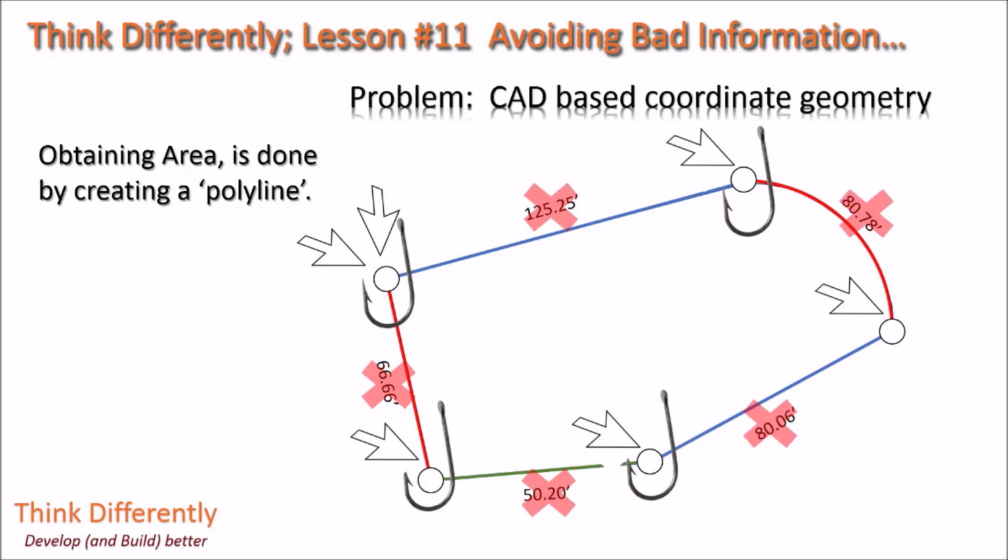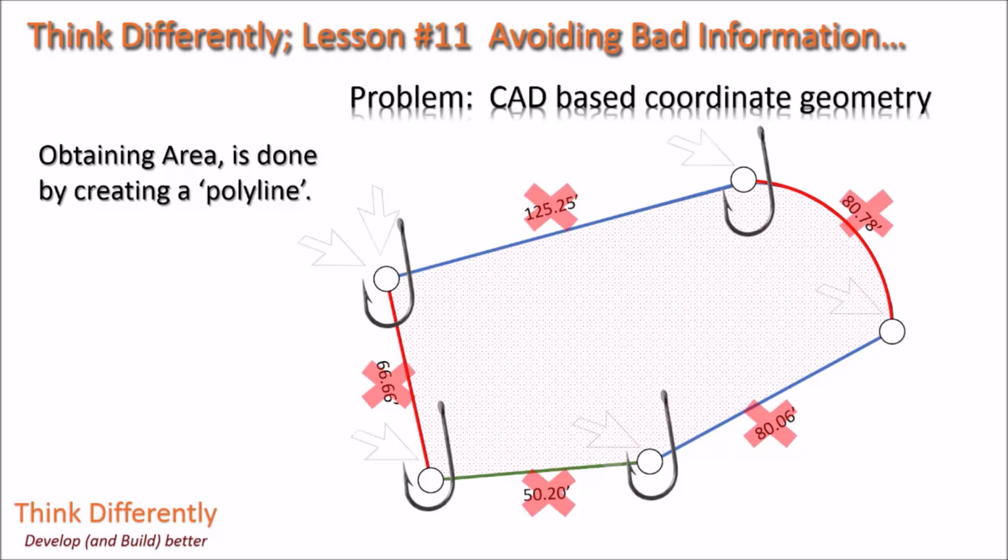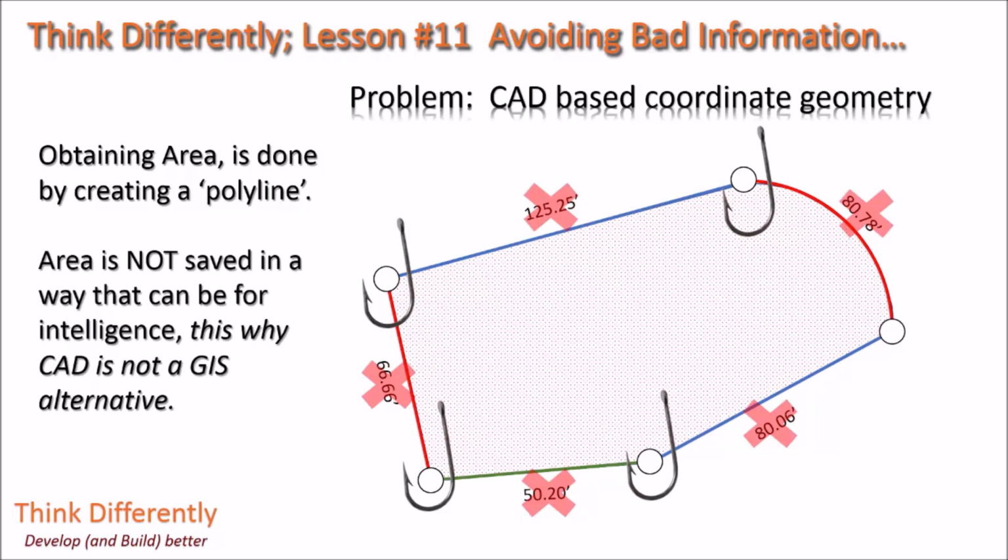Well, that's not automatic. So you have to physically go to every little point, hopefully snapping to the right point to create a polyline to create the area to fill in. And to typically fill in with a pattern or cross-hatching. So that's why CAD is not GIS.